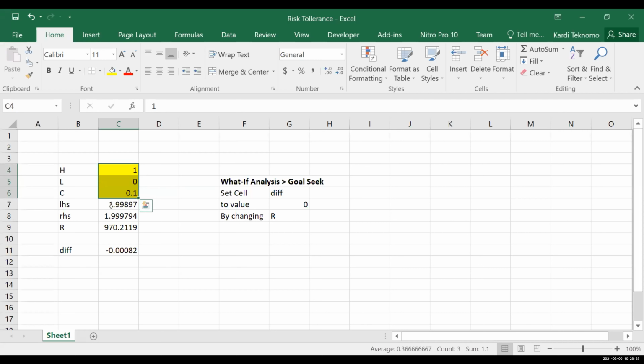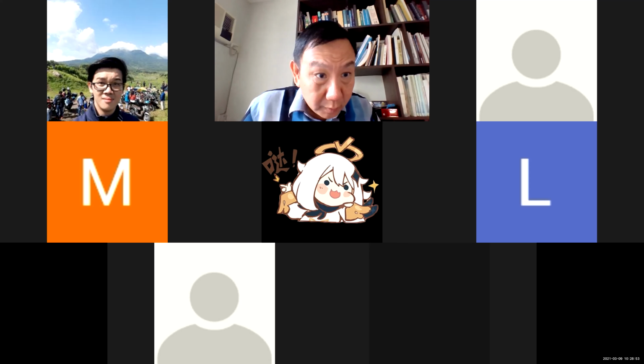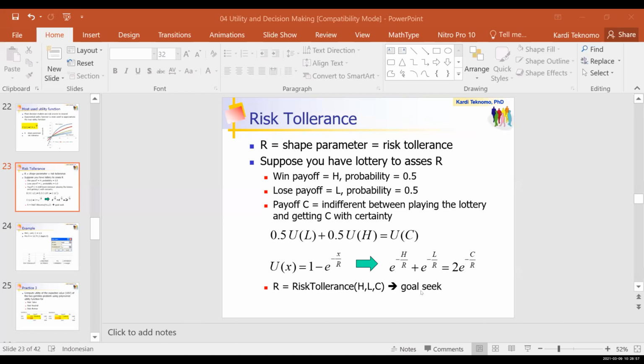The left-hand side, how do you get the left-hand side? It is this formula. Let me share the formula. Can you see the formula here?